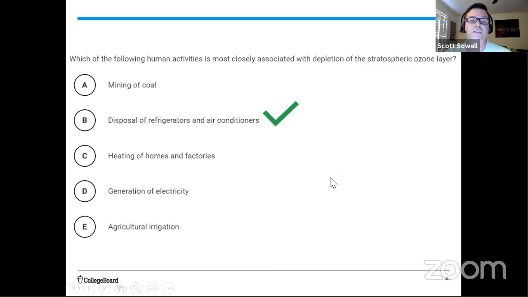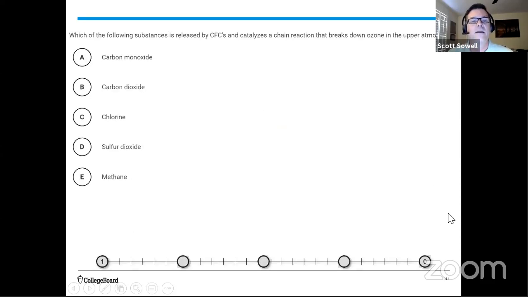And so when those are disposed of, and particularly when they're disposed of improperly, those chemicals can escape into the atmosphere. This next one says, which of the following substances is released by CFCs and catalyzes a chain reaction that breaks down ozone in the upper atmosphere?